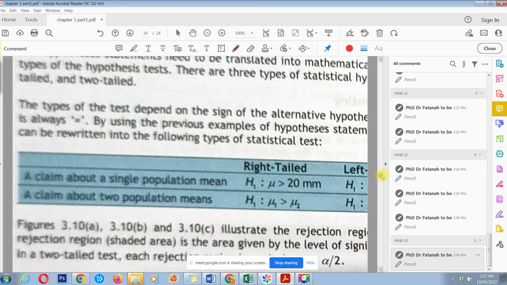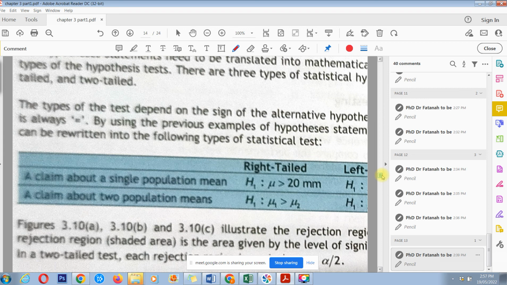Okay, we can also use two means. In the null hypothesis, we assume that mu 1 is equal to mu 2, and then mu 1 is not equal to mu 2.